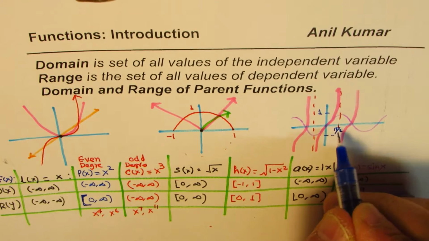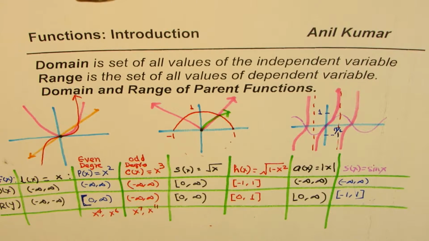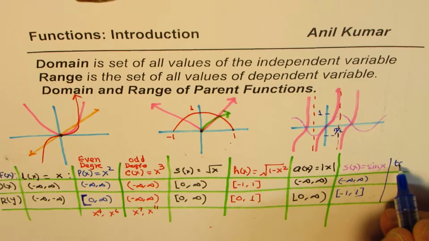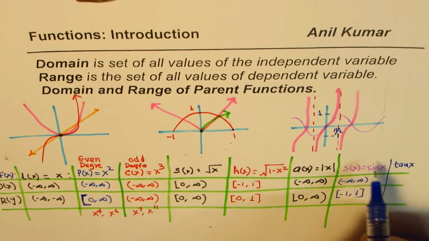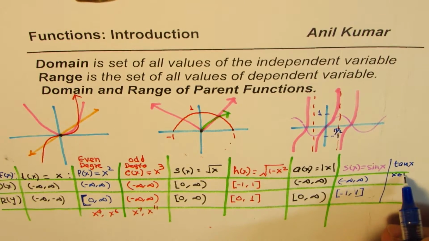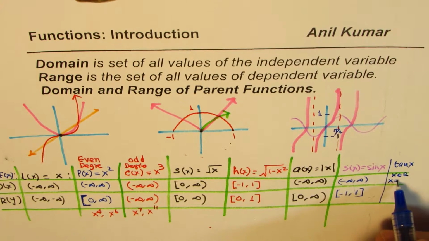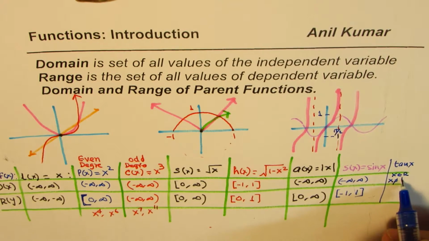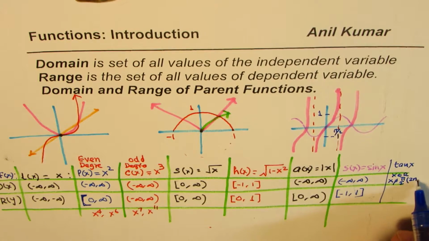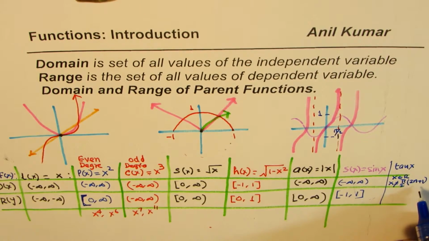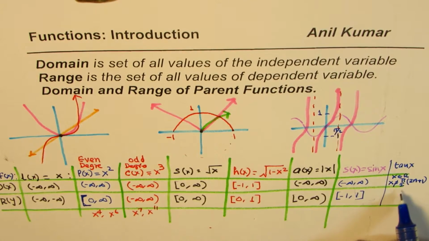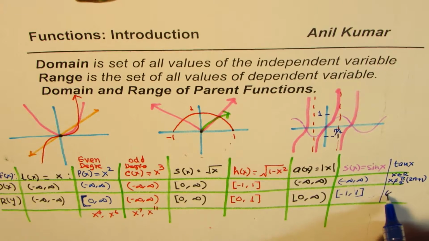So the odd multiples of pi by 2 are not in the domain. For tan x, x belongs to real numbers, but x is not equal to pi by 2 times 2n plus 1, where n is any integer. However, in the range there are no restrictions. It goes from minus infinity to plus infinity.